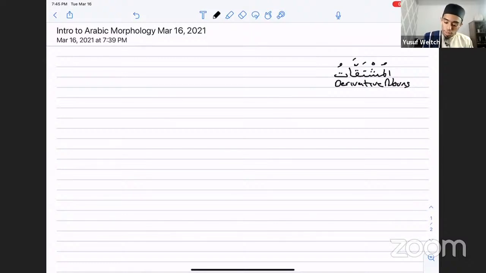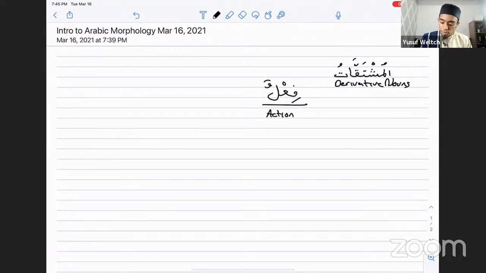So now a verb, as we mentioned before, a fi'l, has an action. It has a doer within it. Either that doer is a pronoun hidden within the word, like daraba, he hit.